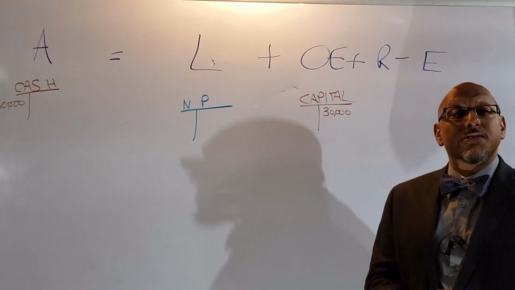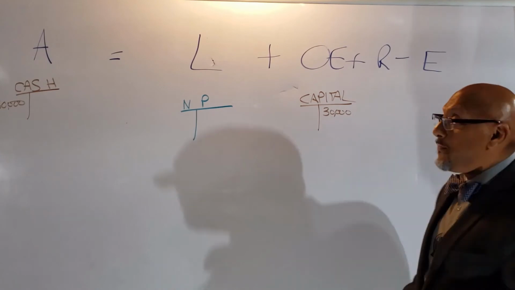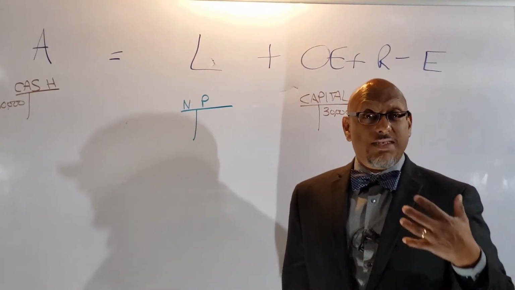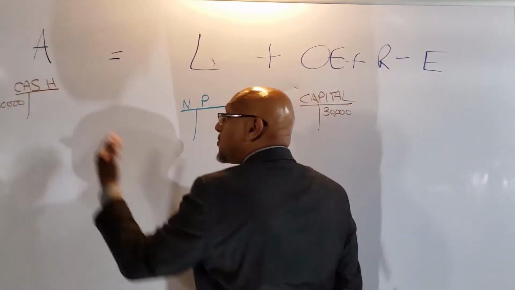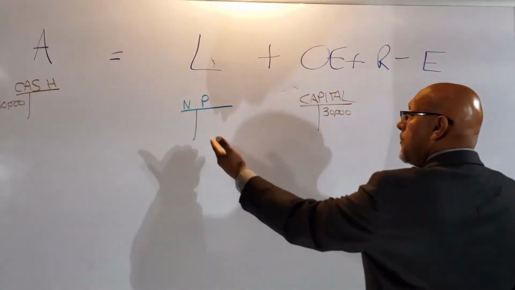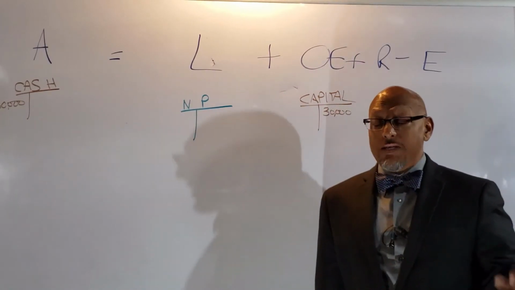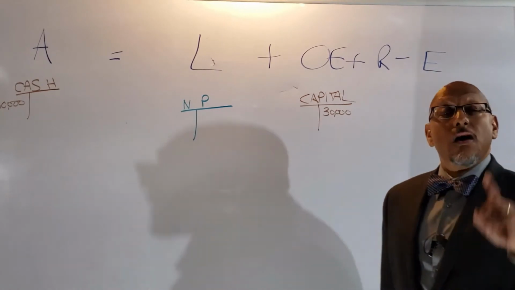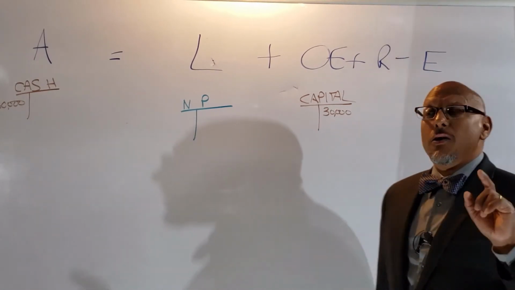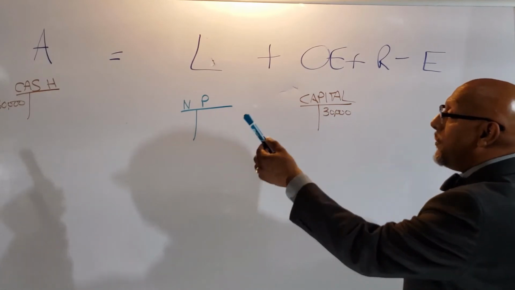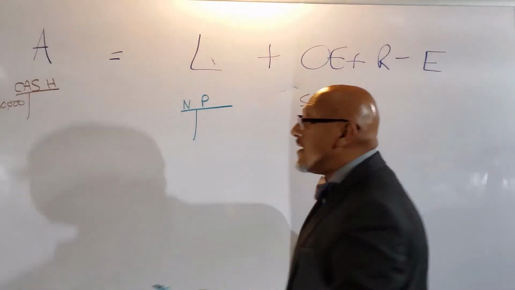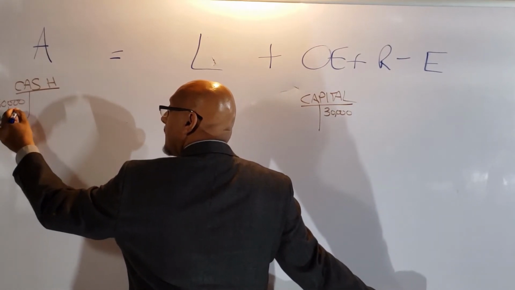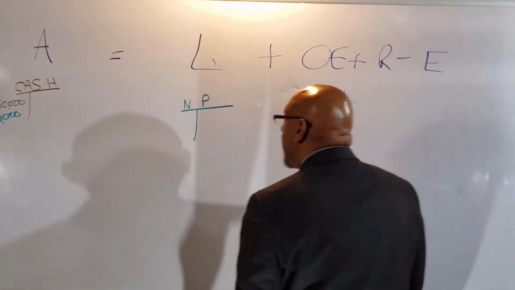Now, which accounts are increasing and which account is decreasing? Well, we received cash. Ace Bookkeepers received cash. That means cash is increasing. And we owe now, so that means our notes payable is increasing. So both are increasing. Which is a debit and which is a credit? Well, cash, we know that when we increase cash, it's a debit. So we're going to put 10,000 over here on the left in the debits.